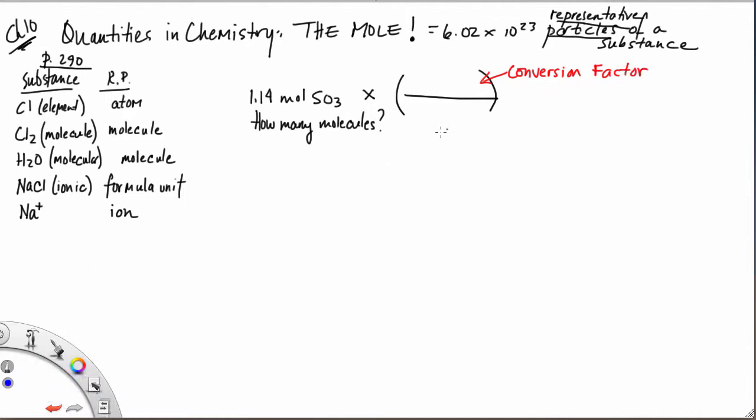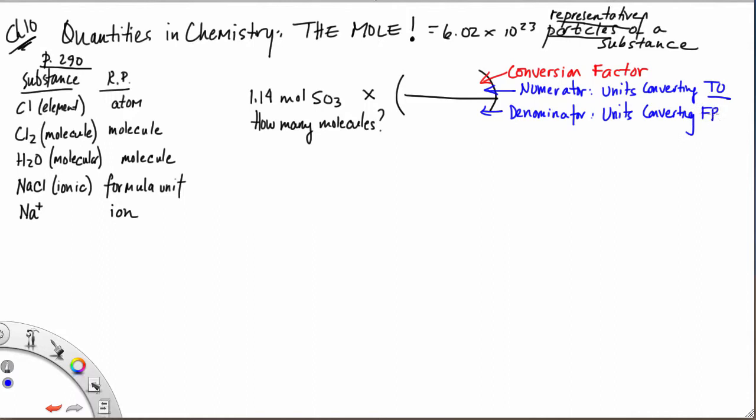One thing to keep in mind is that in the numerator, on the top, are the units we're converting to, and in the denominator, on the bottom, are the units we're converting from.